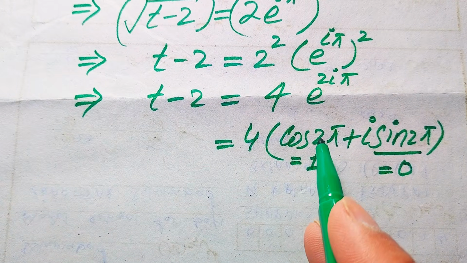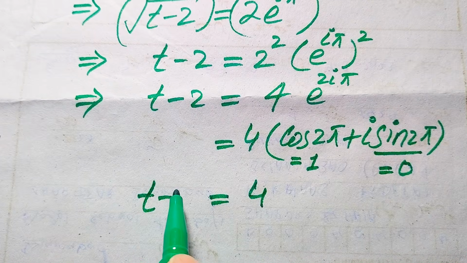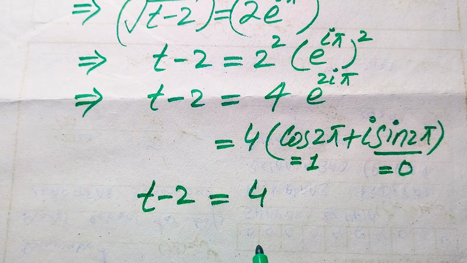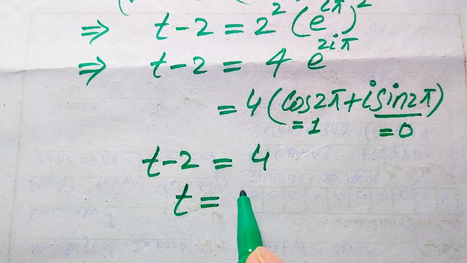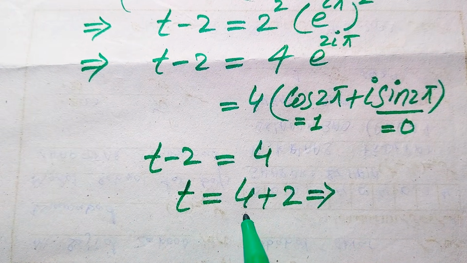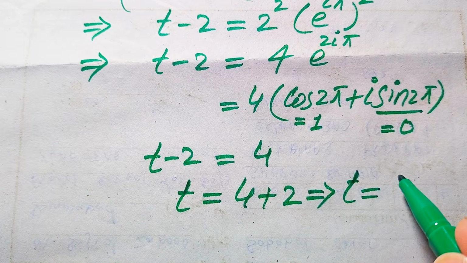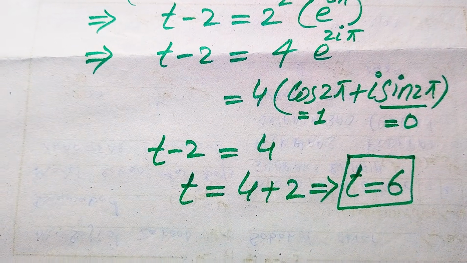So when we substitute these two values, it becomes 4 only, and we have t minus 2 is equal to 4. Further we move minus 2 to the right hand side, and we get t is equal to 4 plus 2, which implies t is 6. So this is the value of t which we get in the first method.